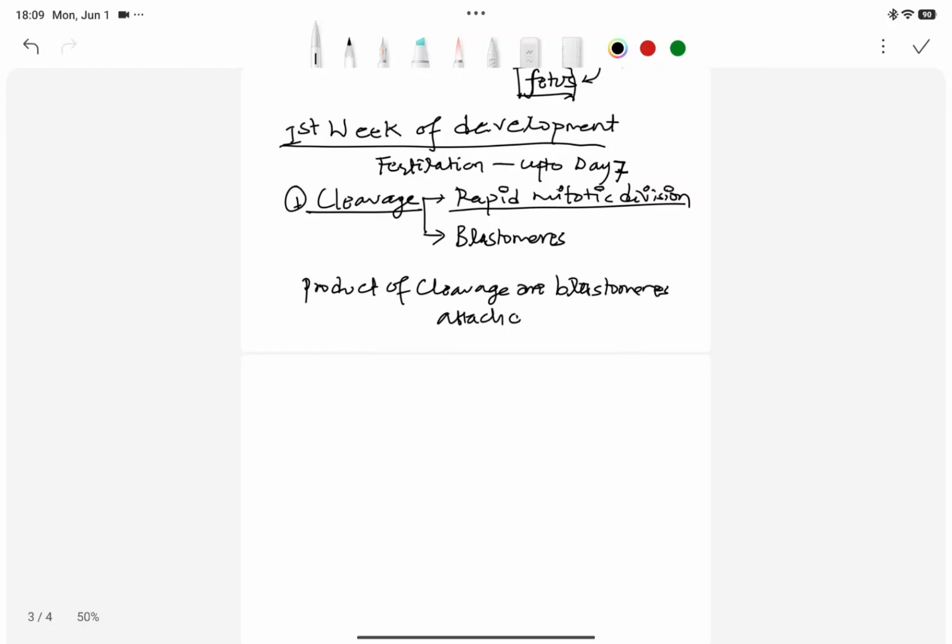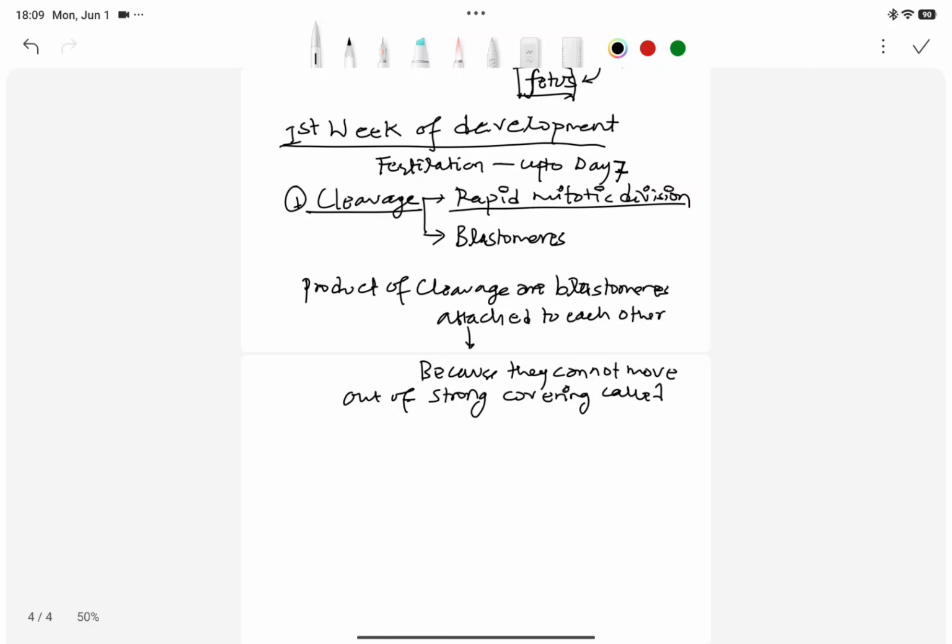The blastomeres are attached to each other because they cannot move out of a strong covering called zona pellucida.